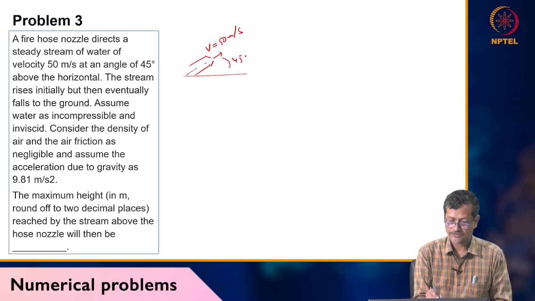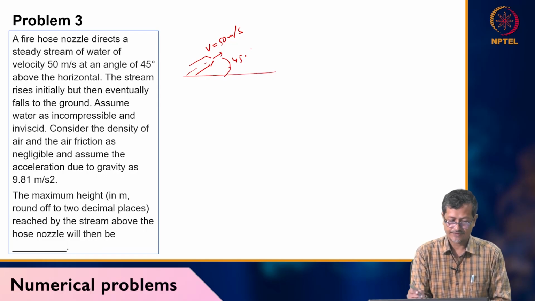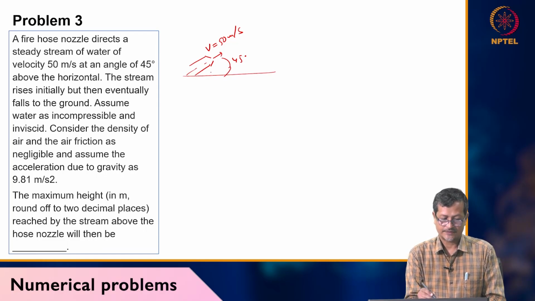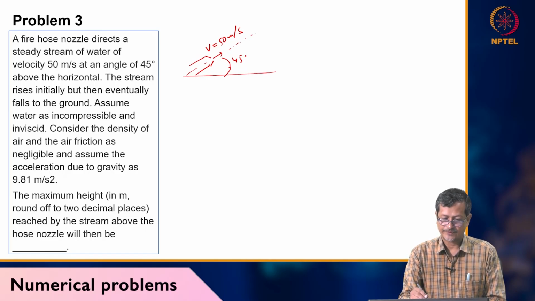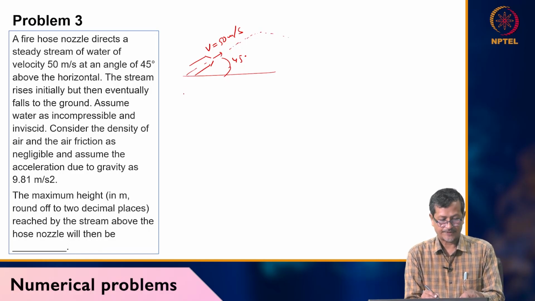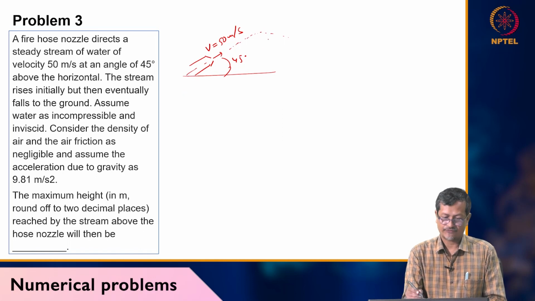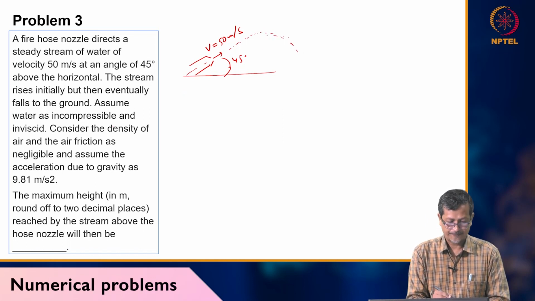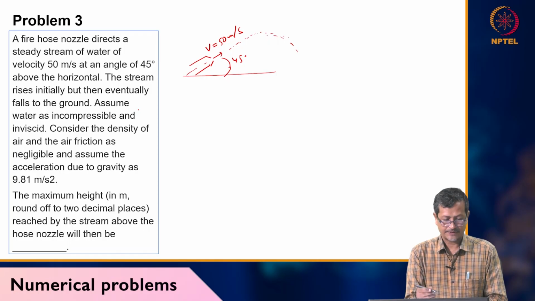I'll make a horizontal line. This is 45 degree above the horizontal. The stream rises initially, reaches a maximum height, then again falls down, right? Assume the water is incompressible and inviscid.